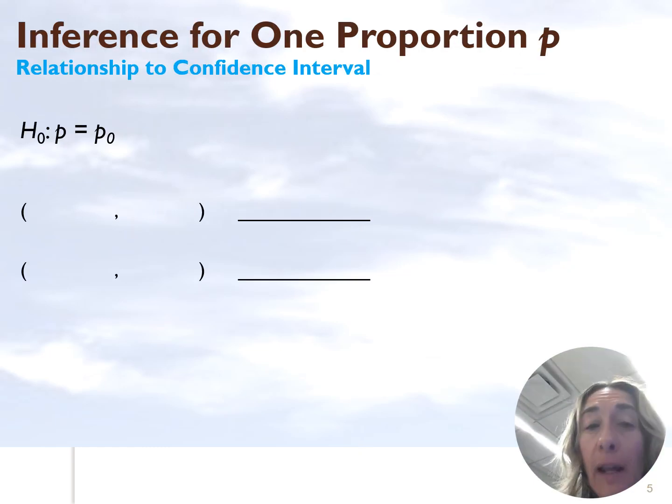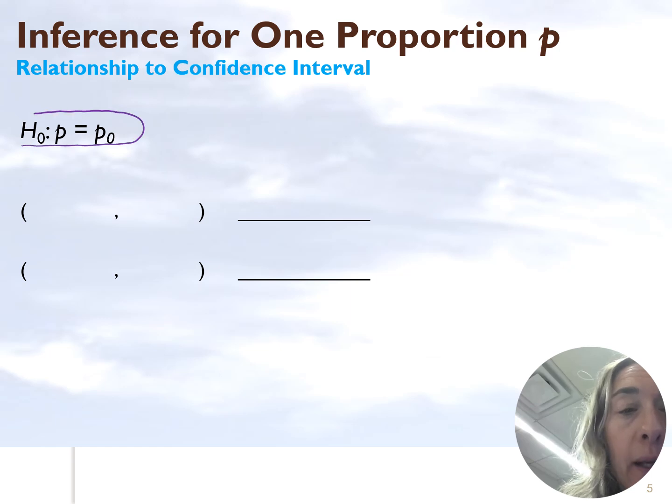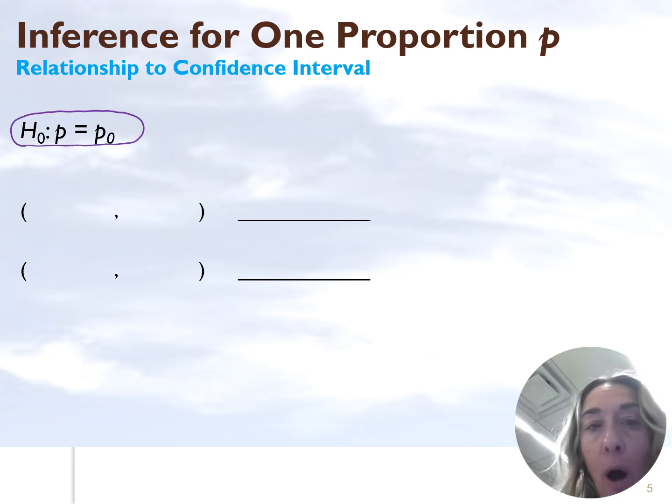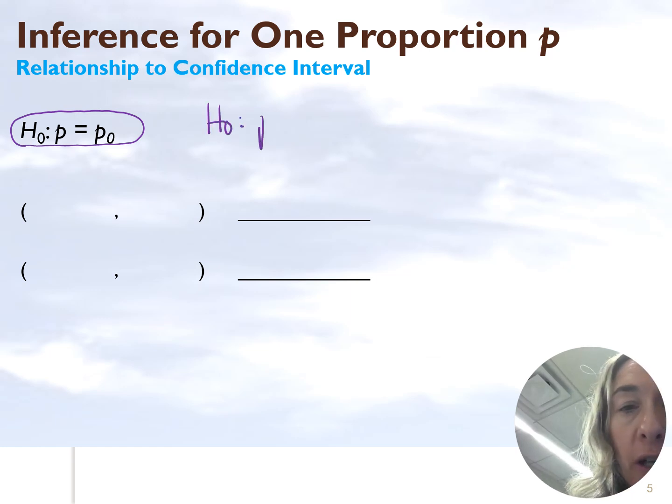Finally, I wanted to discuss the relationship to a confidence interval for one proportion. So let's say our null hypothesis is the following: p equals some hypothesized proportion, and let's say that hypothesized proportion happens to be 0.5.